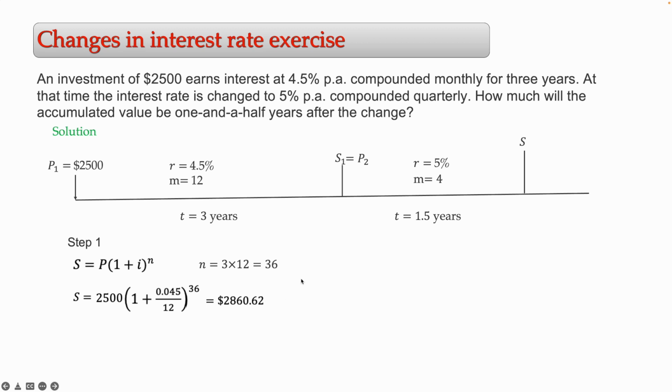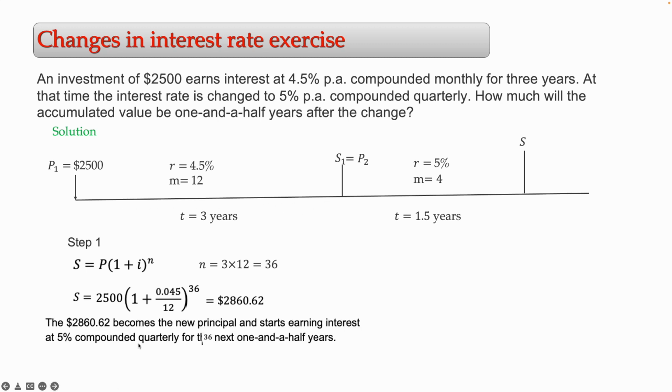That will be the amount that we have at this point. So that will be the future value of the first period of time. This 2860 becomes the new principal and starts earning interest at 5% compounded quarterly for the next 1.5 years.